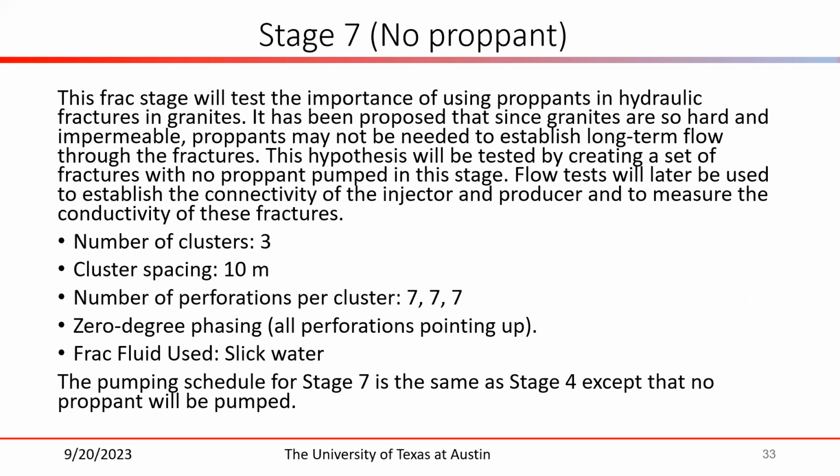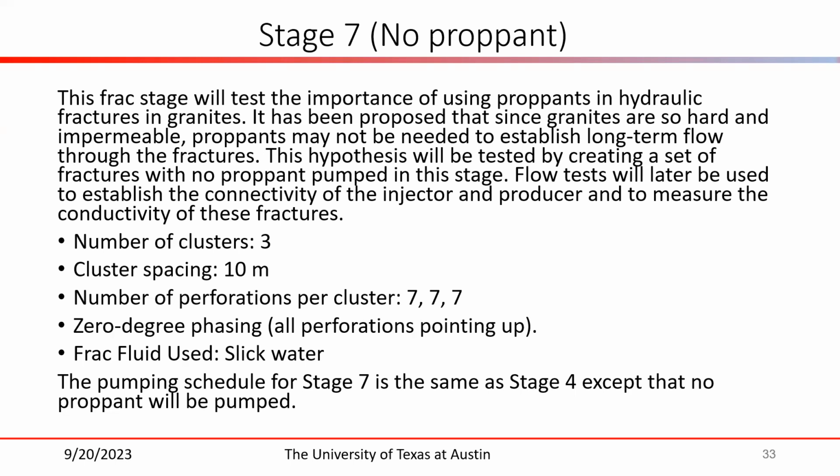We also ran a case with exactly the same parameters as the base case, but with no proppant at all. And the idea here is, well, if the granite is very impermeable, and if you create these fractures, maybe the roughness on the surface of these fractures is sufficient to keep the fractures propped open.